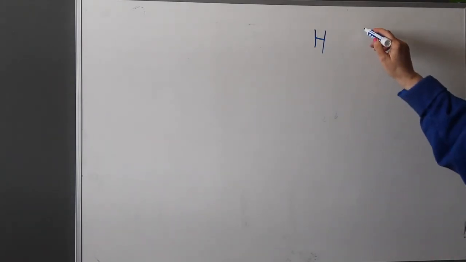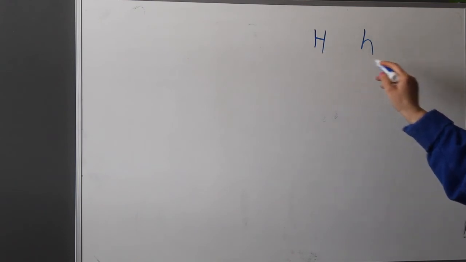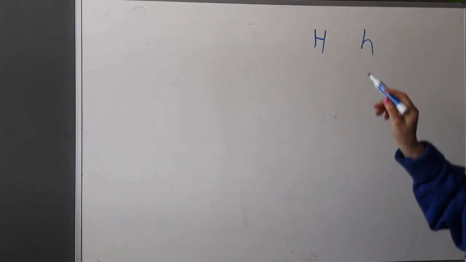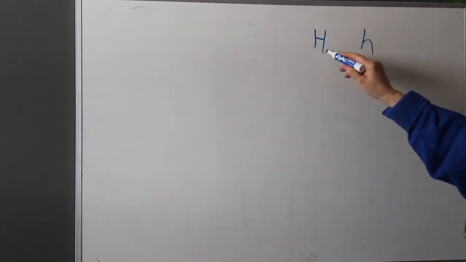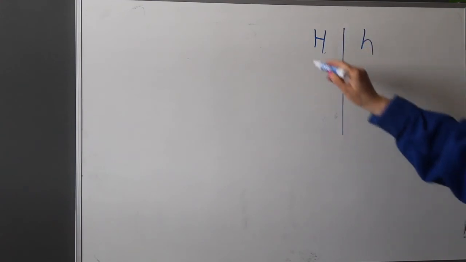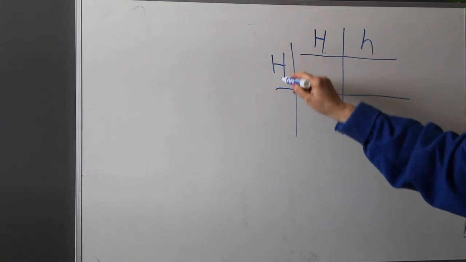So here we have a parent who has a genotype of big H, little h, and they're heterozygous for that trait. And let's cross them with another person who is heterozygous.